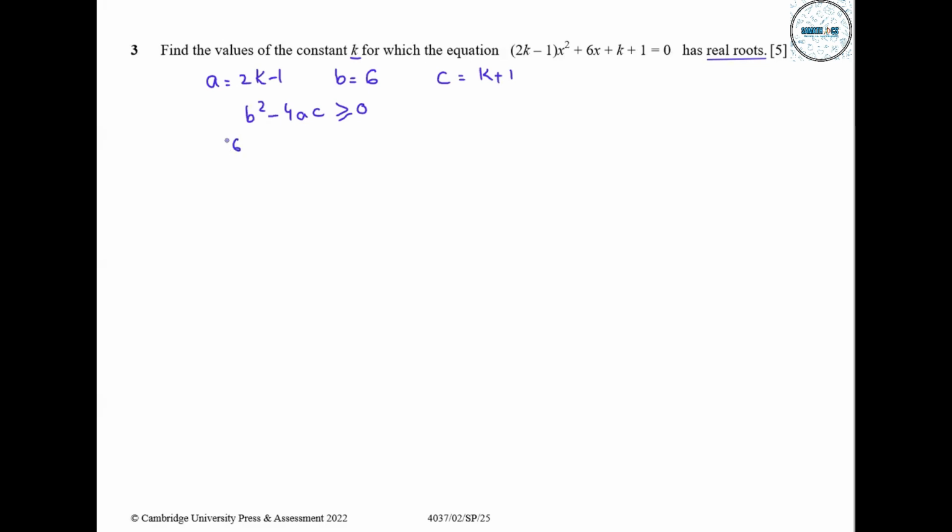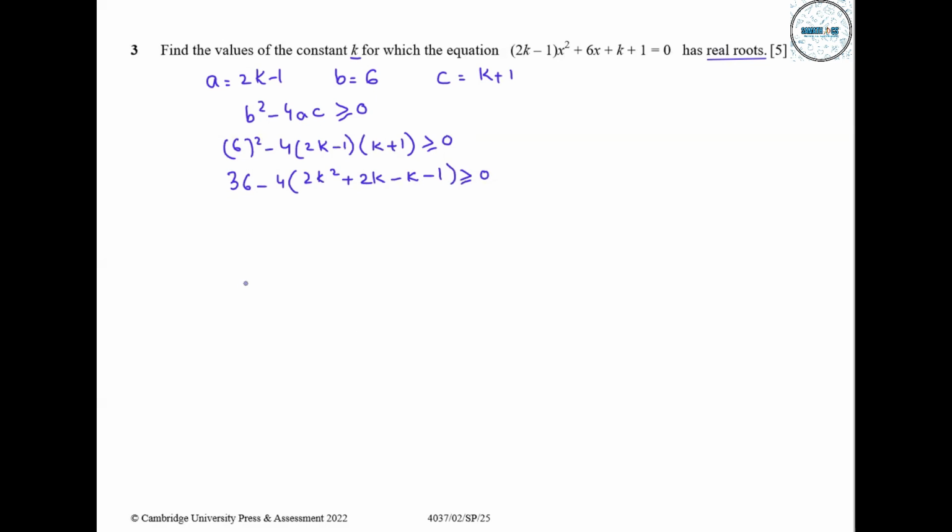We have here 6 whole square minus 4 into (2k minus 1) into (k plus 1) greater than or equal to 0. So we have 36 minus 4 into (2k square plus 2k minus k minus 1) is greater than or equal to 0.